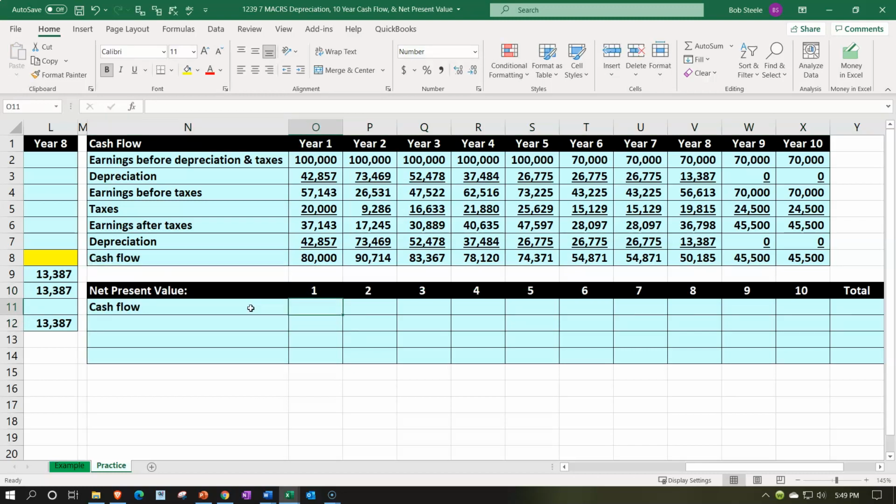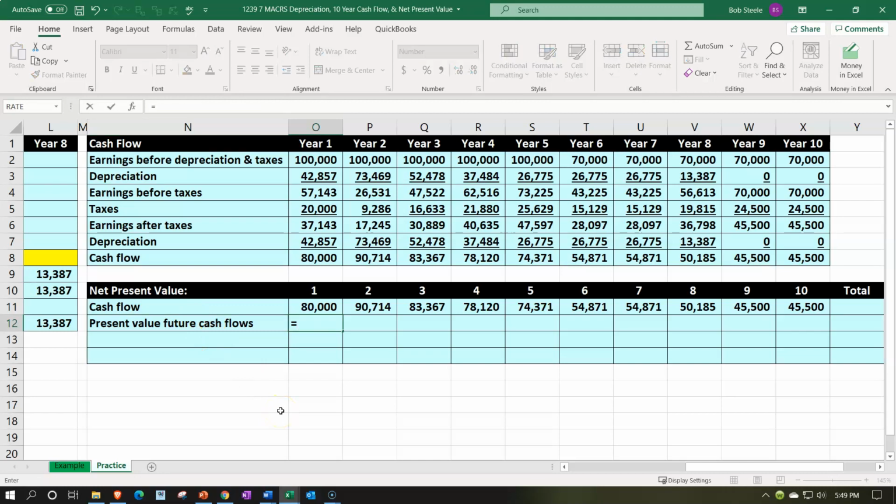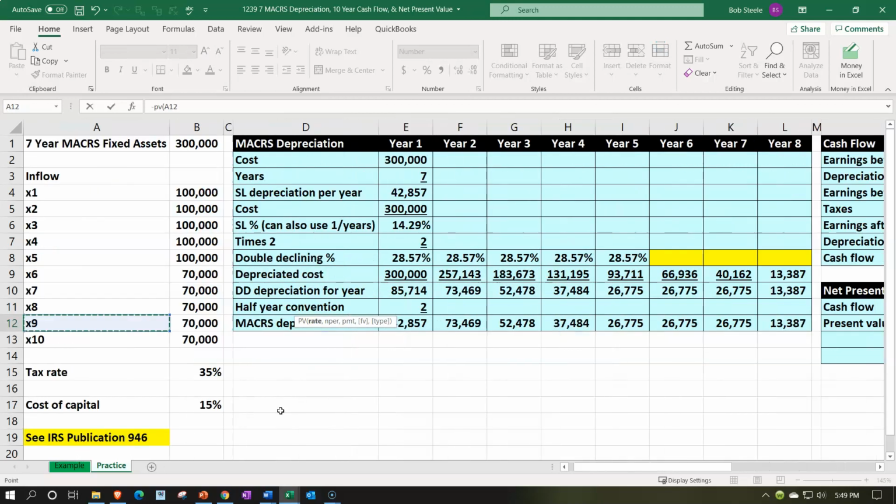So let's bring over the cash flows first, copying that across. So we have those in place. And now this is where the action happens. So now this is going to be the negative present value, shift 9, rate all the way to the left.